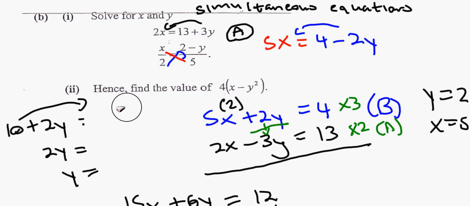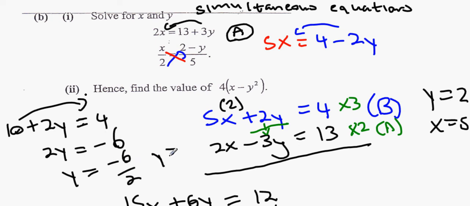So 5x plus 2y equals 4. Bring over the 10, and that gets you 2y equals minus 6, y equals minus 6 divided by 2, y therefore is equal to minus 3. So x is 2 and y is minus 3.